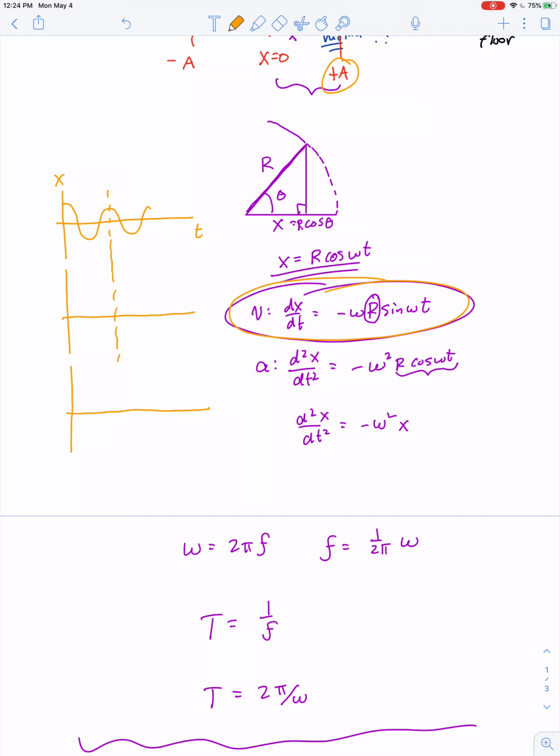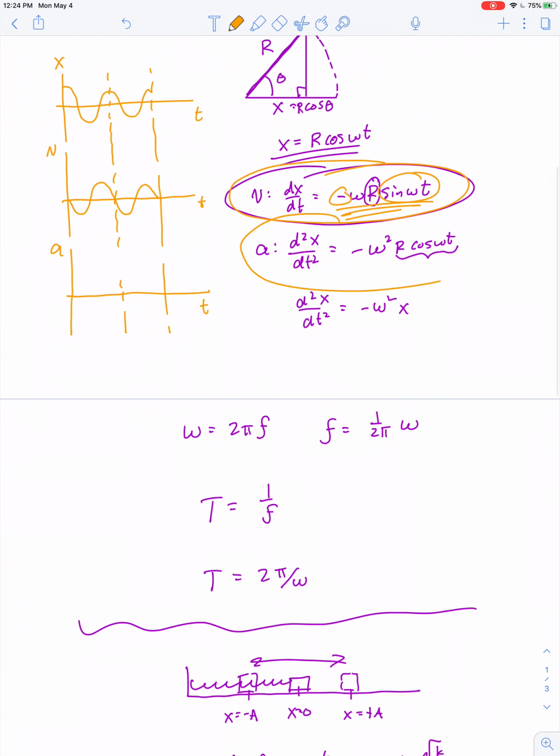Let's translate one full cycle onto all these graphs. Okay, velocity as a function of time is a graph of negative sine. And acceleration as a function of time should produce a graph of negative cosine.